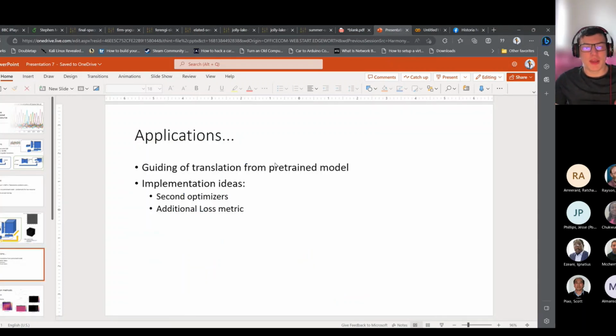So the applications of this approach are several in that, firstly, we can use pre-trained models as guiding logits for other encoders.